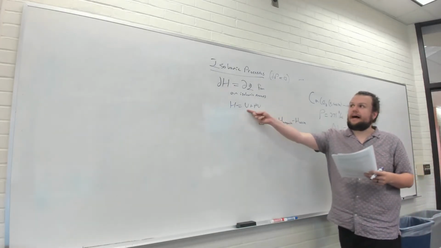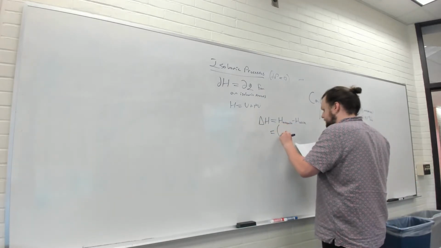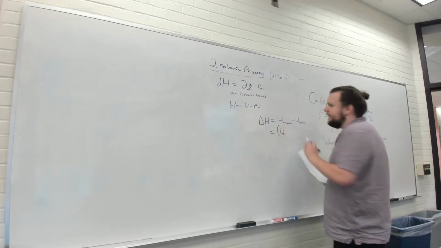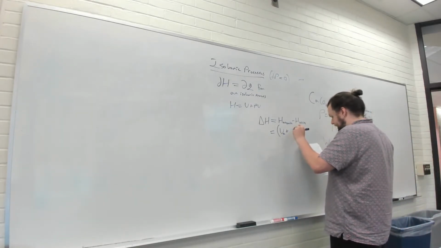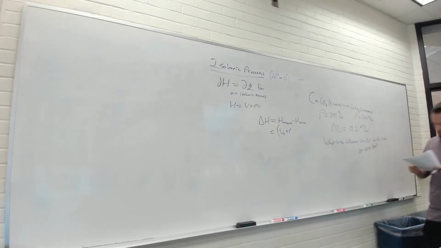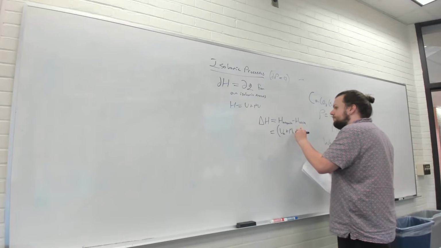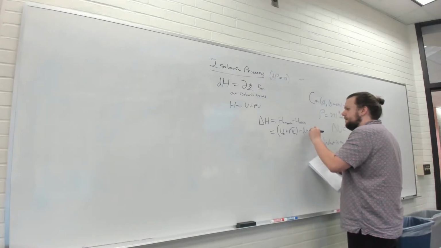Then we can apply this formula. So this is going to be the internal energy of aragonite, which I'm going to write as U sub A, plus the pressure times the molar volume of aragonite, minus the same thing for calcite. The pressure is constant. It's just a number, 1 bar, and we'll be able to plug that in.